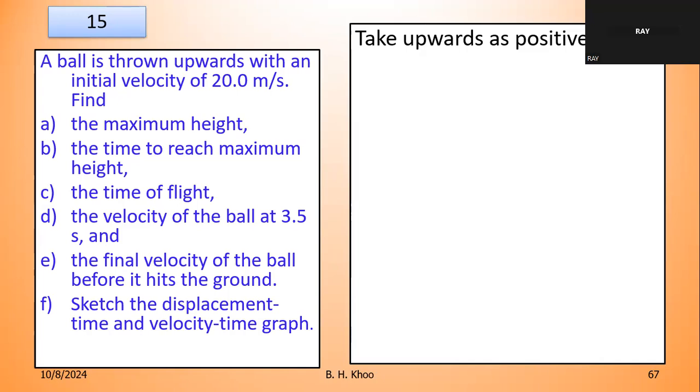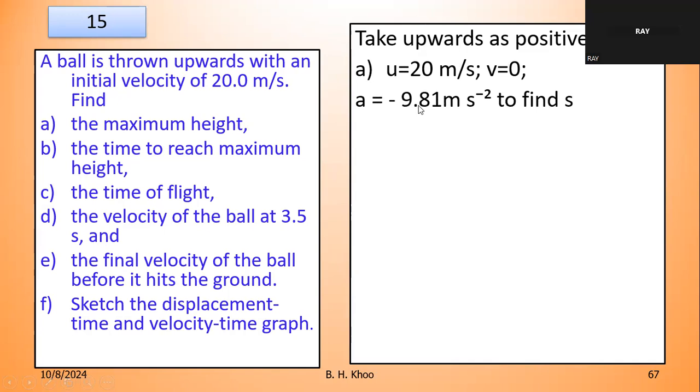Then write down what is given. Initial velocity 20, upwards is positive. At maximum height the velocity is 0. Acceleration is downwards, so it's minus 9.81 meters per second squared. And we want to find s, which is the height.